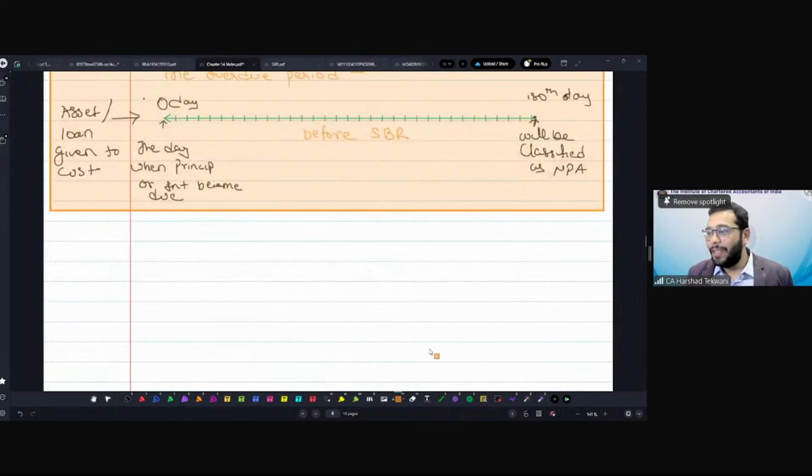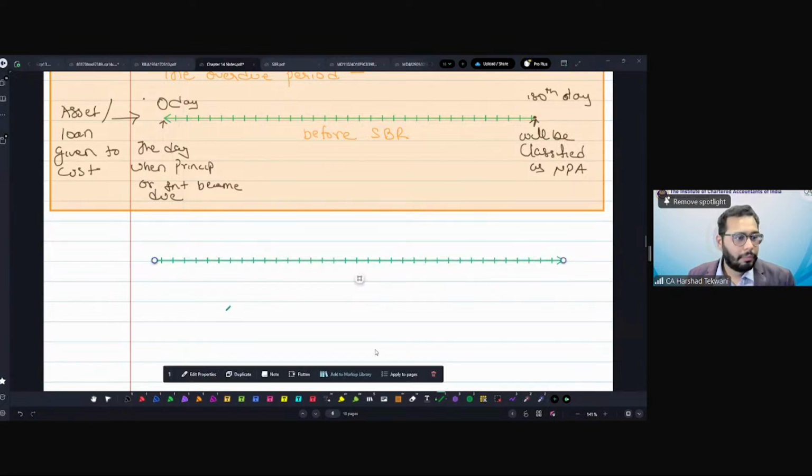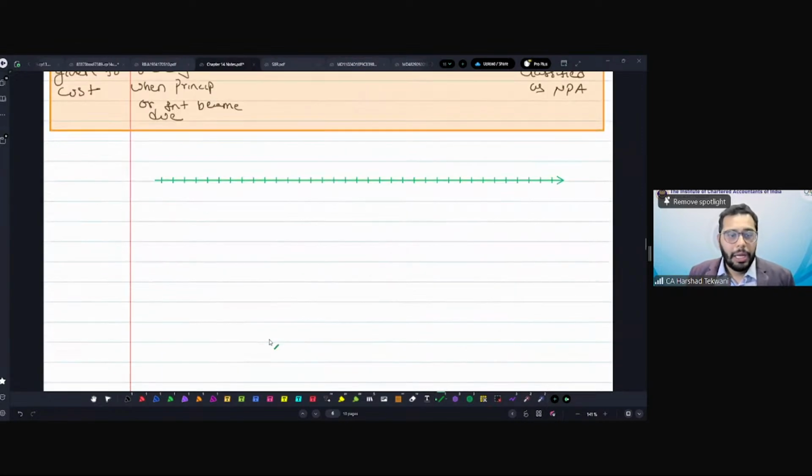But when the scale based regulations came, a glide path came. Earlier, between days 0 to 180, at the 180th day I was classifying a particular asset as an NPA. Now, the glide path said that you need to bring it to 90.